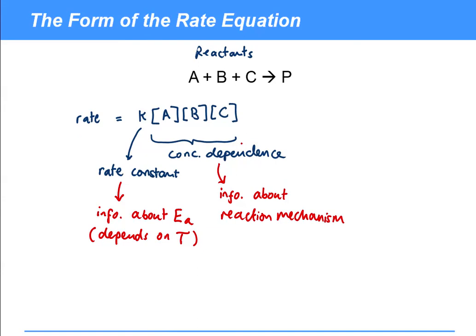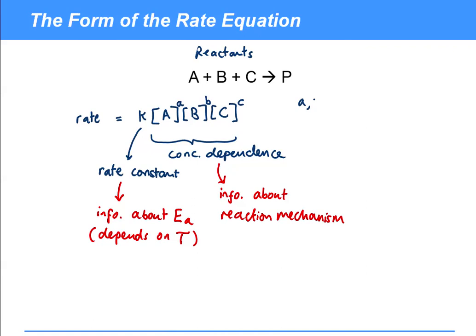Now, in order to generalize this rate equation a little bit more, we need to understand that it's possible for chemical reactions not to just simply be directly proportional to the concentration of a reactant. And actually, the most general way to introduce that is to give each reactant an individual power. I'm going to call them little a, little b, and little c.